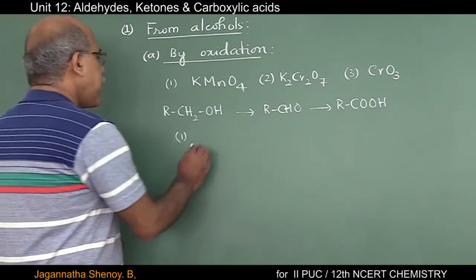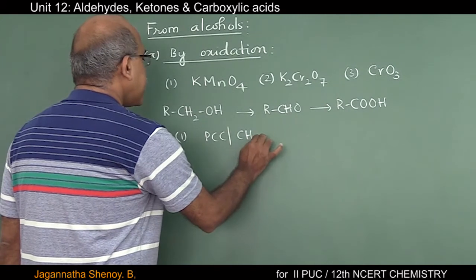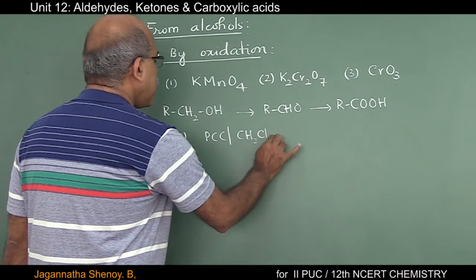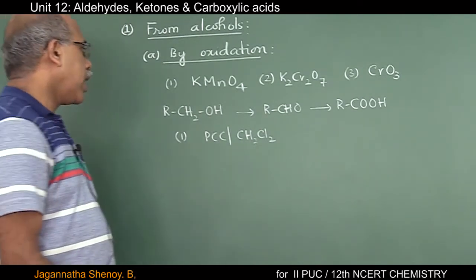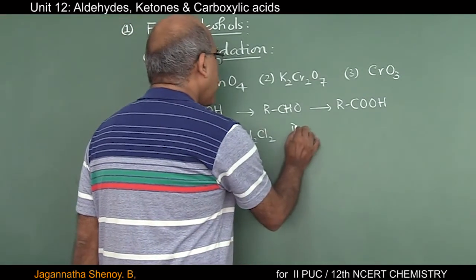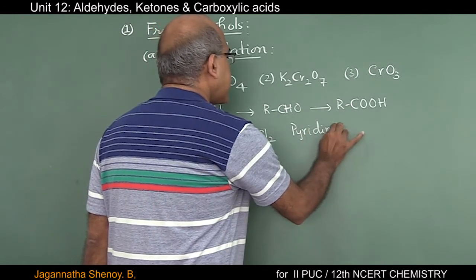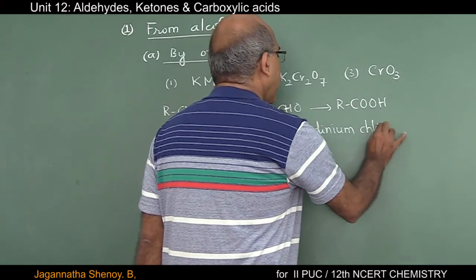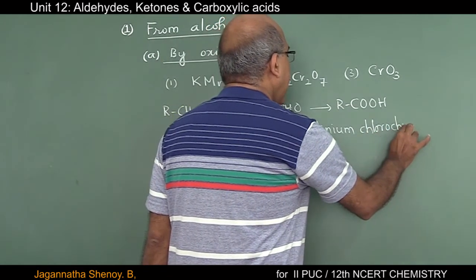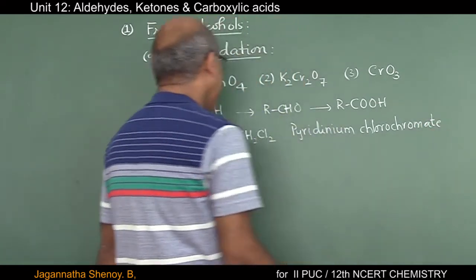First, I can make use of PCC in the presence of dichloromethane as a solvent. PCC is called pyridinium chlorochromate, and about this you have already studied under the previous chapter.